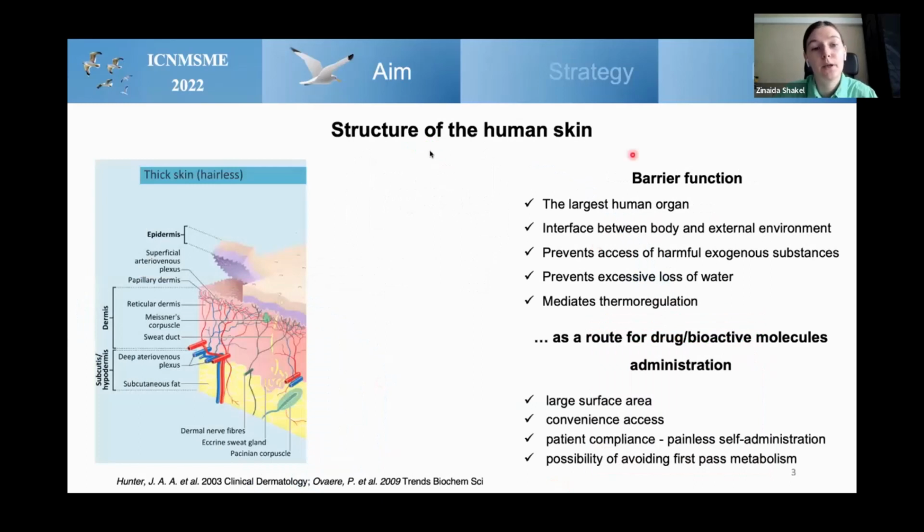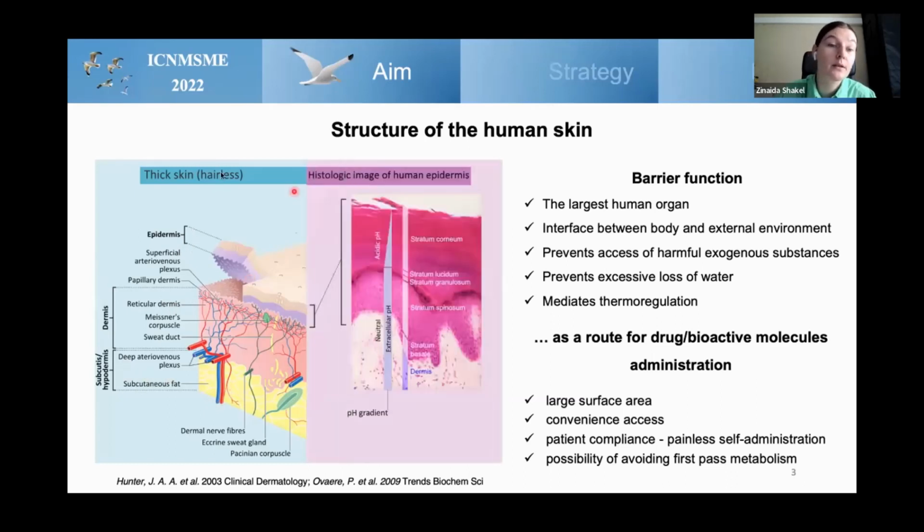Here I will briefly explain the structure of human skin. As you know, human skin is made of 3 layers. The main one is the epidermis. The most present cell in the epidermis is the keratinocyte. Then the dermis, where the main cell is the fibroblast, and the hypodermis, which is like fat tissue.